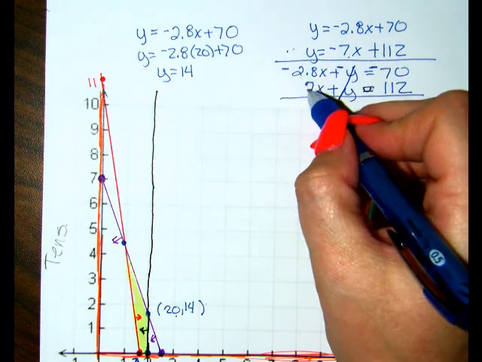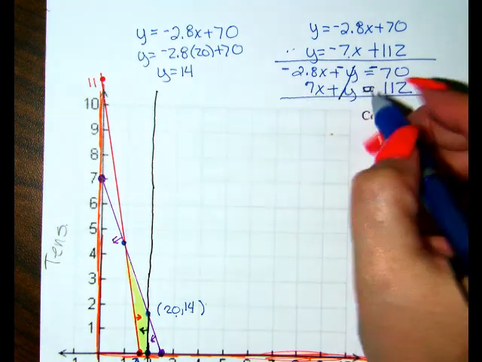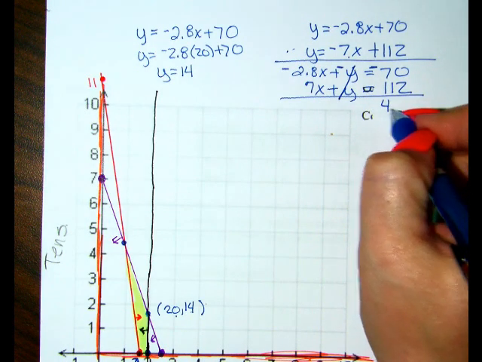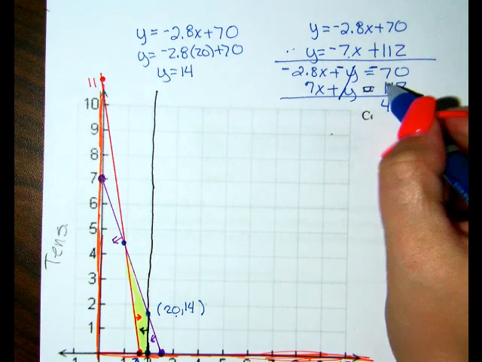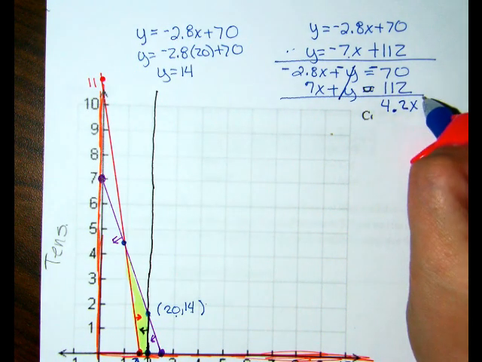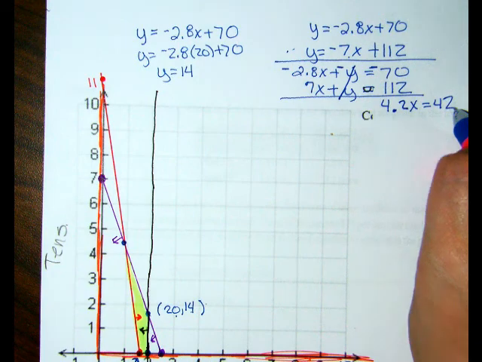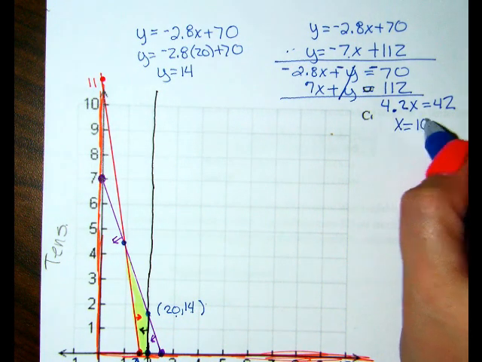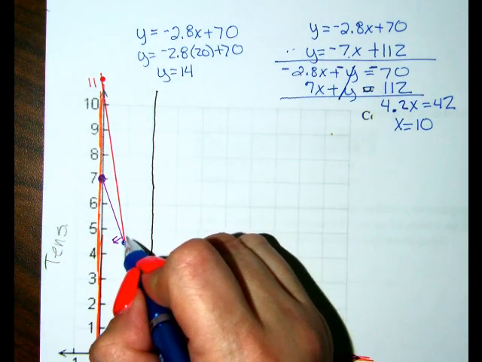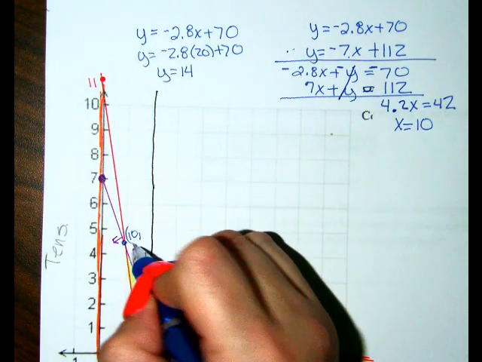Negative 2.8 plus 7 is 4.2x, and that would equal 112 minus 70, 42. So then when I divide 42 by 4.2, I get my x value is 10. So I know at this point the x value is 10.